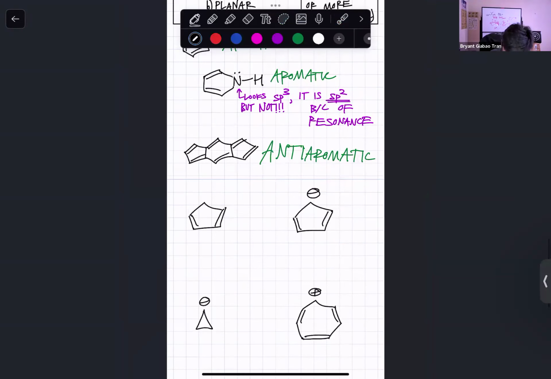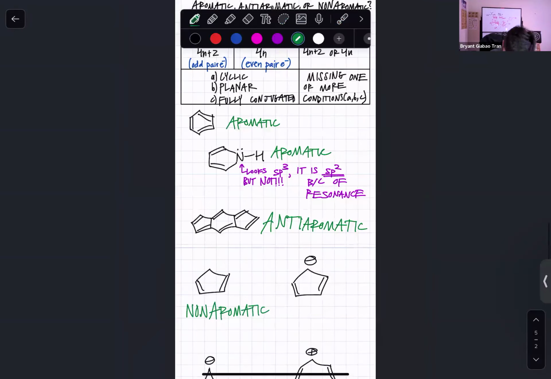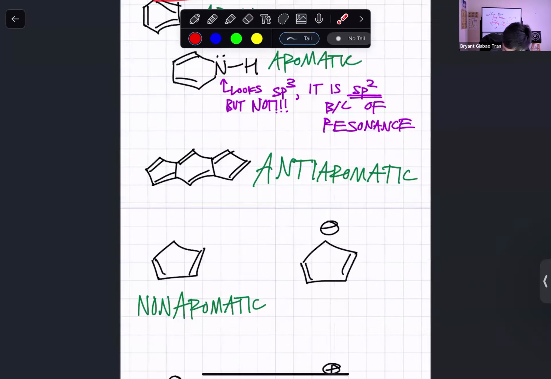So the first one here would be non-aromatic because of the conditions. It is cyclic, right? The structure is cyclic. It's a ring. It's not fully conjugated. It is not fully planar, right?